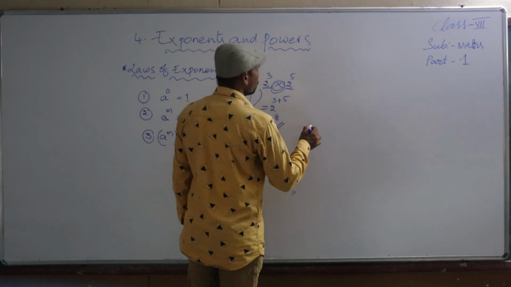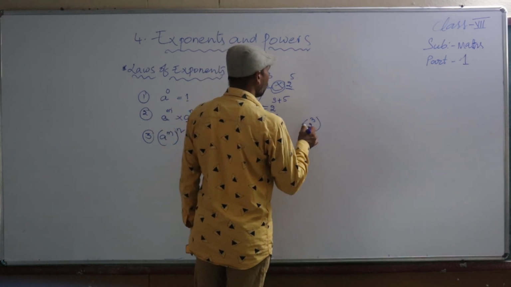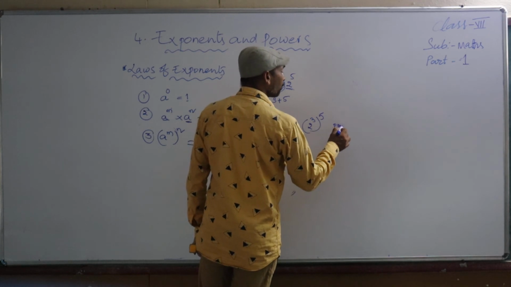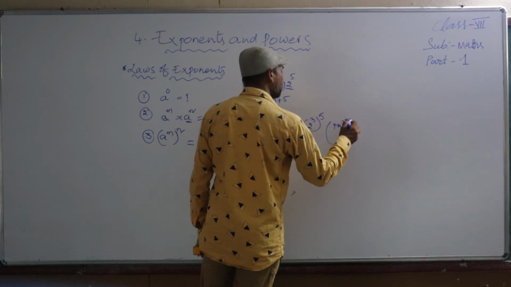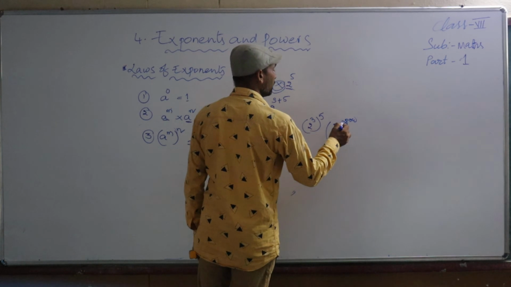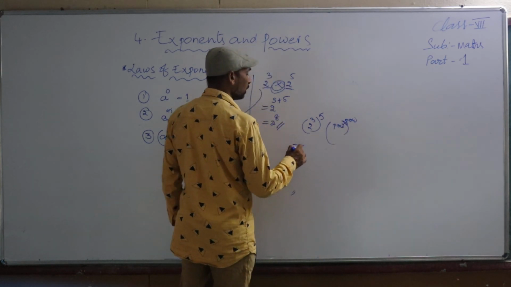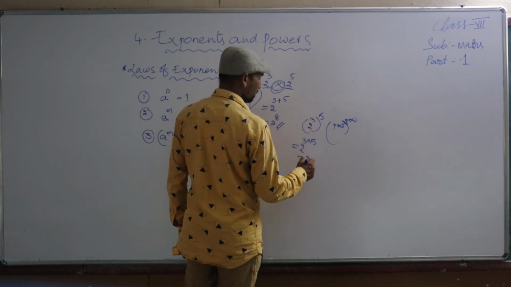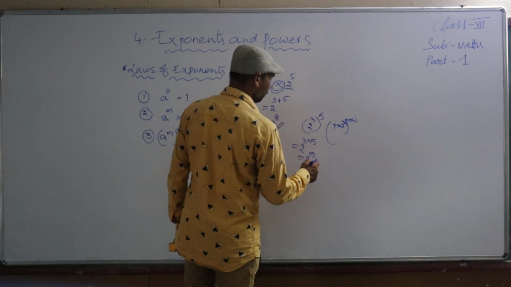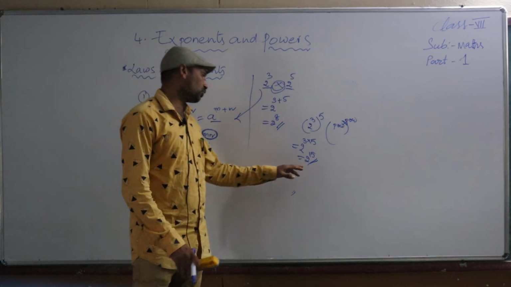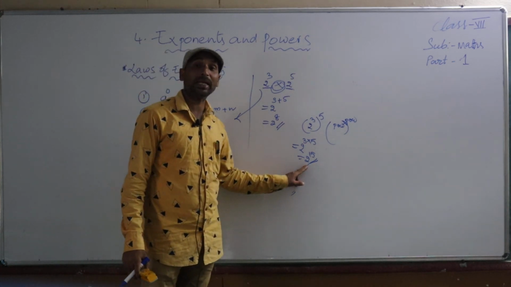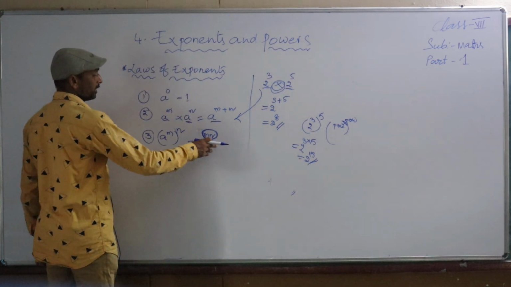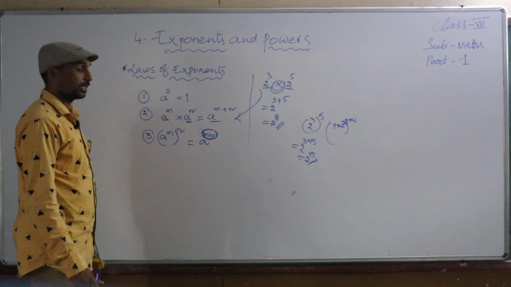So 2 power 3 whole power 5: here we are taking power of power, so we should multiply these two, 2 power 3 into 5, which is equal to 2 power 15. This means 2 is multiplied 15 times. So this is one example.